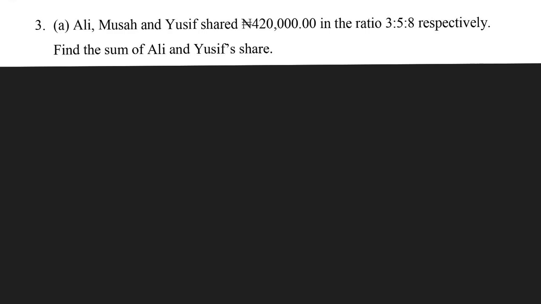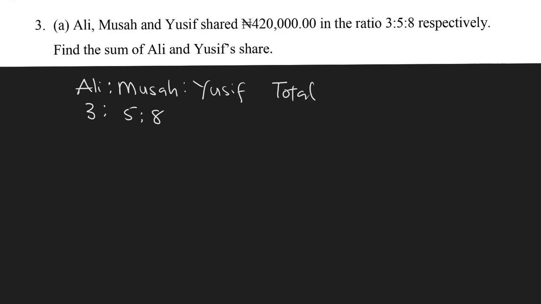So remember that we have Ali, Musa and Yusuf, and the question says they shared this money in the ratio of 3 to 5 to 8.